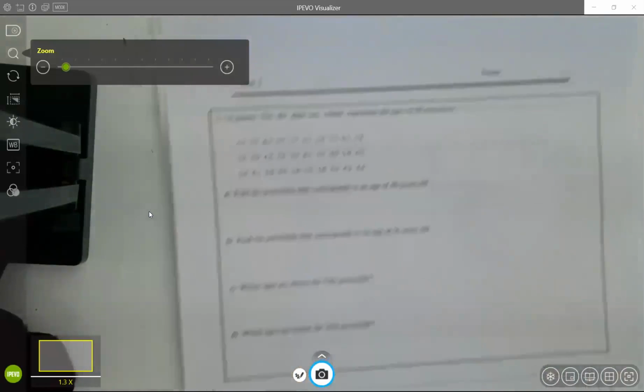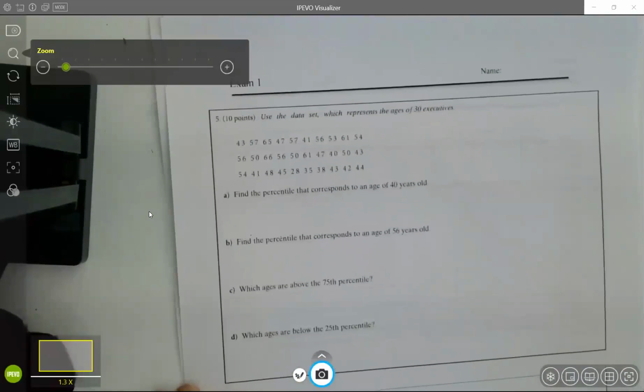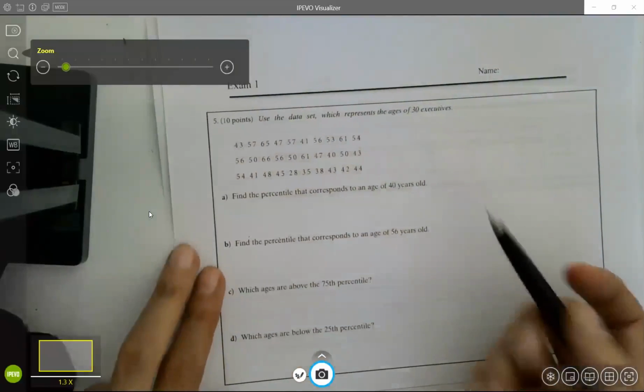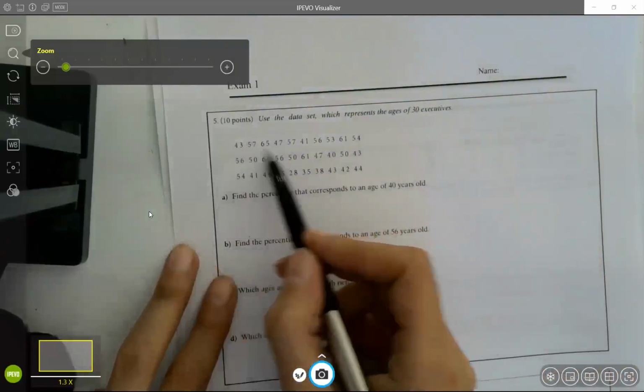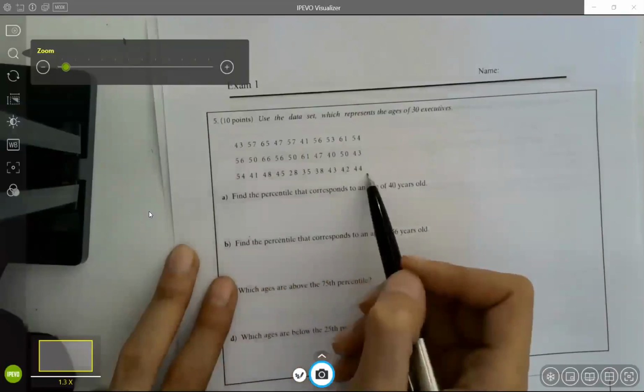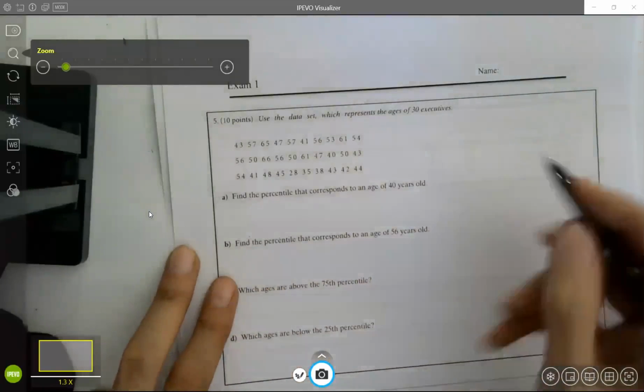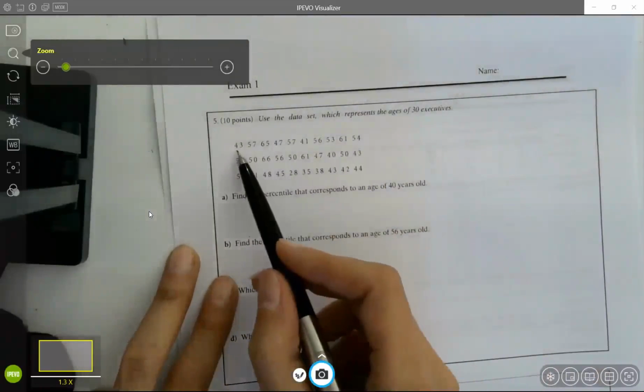Next page. Perfect. It says find the percentile. To find the percentile, we have to list all of these numbers from smallest to largest. So what would be the smallest number in this collection? Let us list all of the 40s.